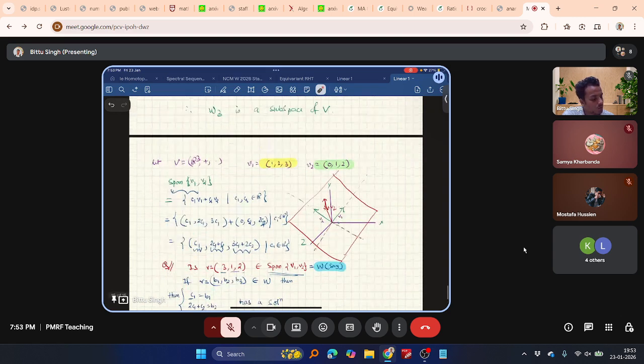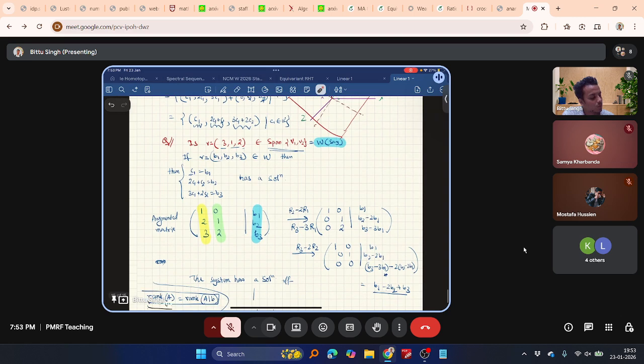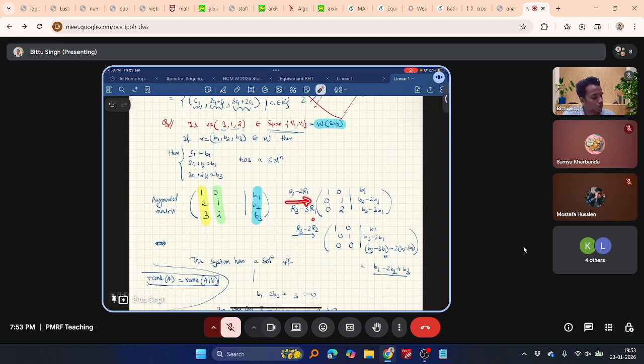The first two will be v1 v2, and the last one will be the new vector for which we are checking, and we try to reduce the corresponding augmented matrix.